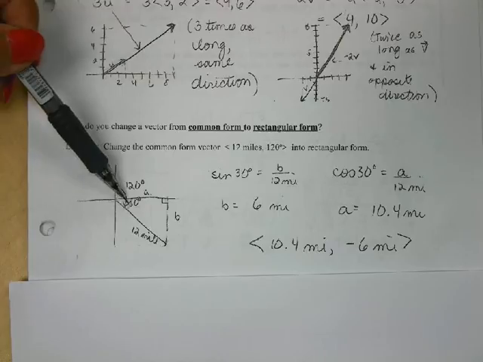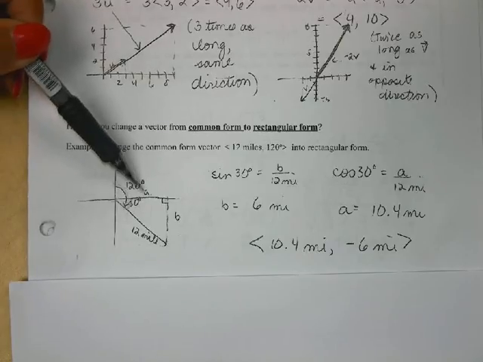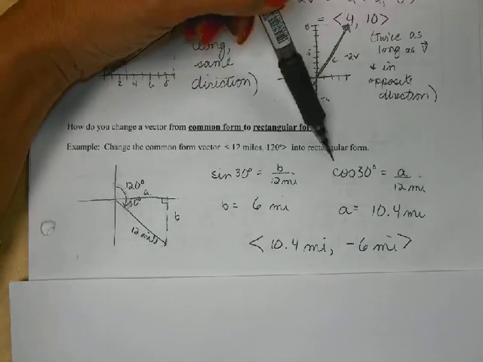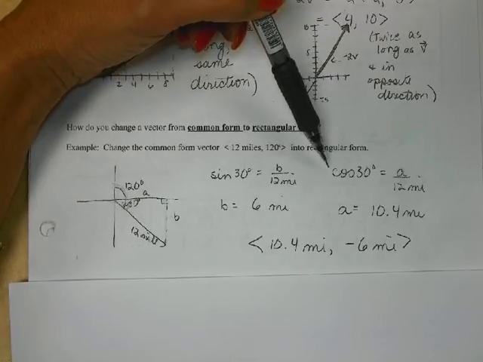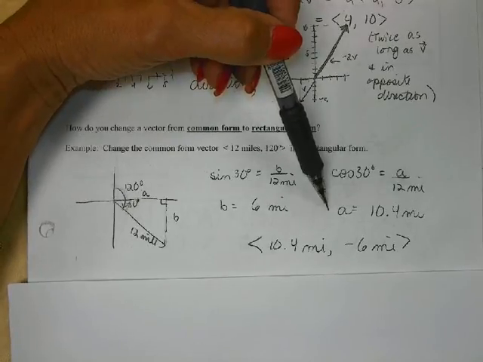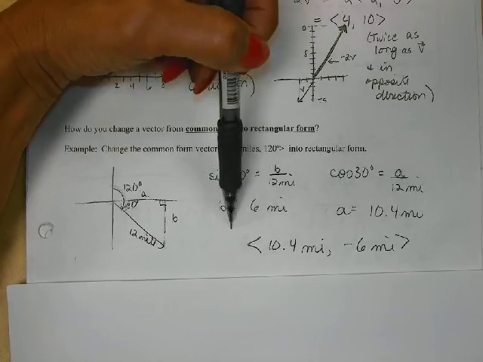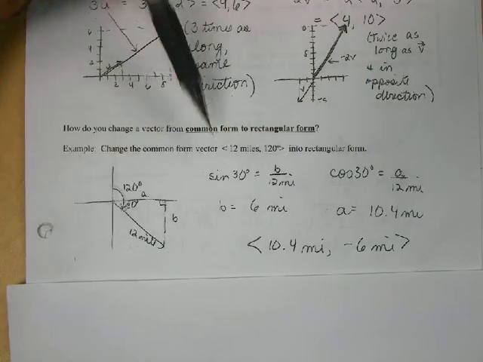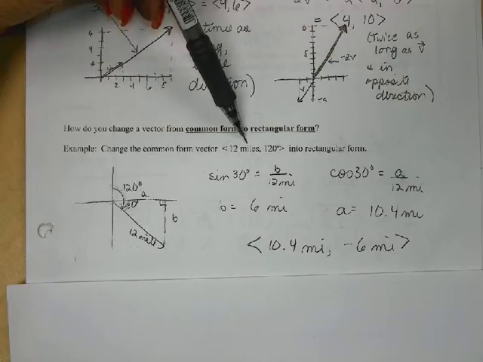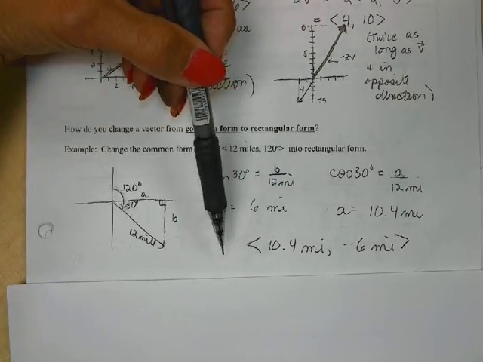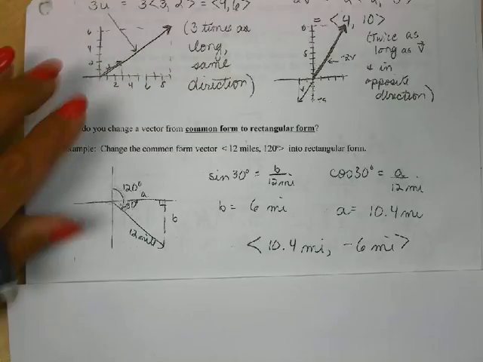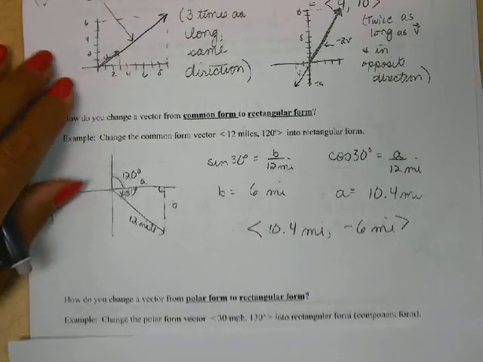And then my x component for 30 degrees, I know that this is adjacent over hypotenuse, and I can use my basic SOHCAHTOA ideas, and I can determine that that a factor is 10.4 miles. So this would be a rectangular form vector equivalent to this common form vector. And remember, rectangular form and component form mean the same thing.